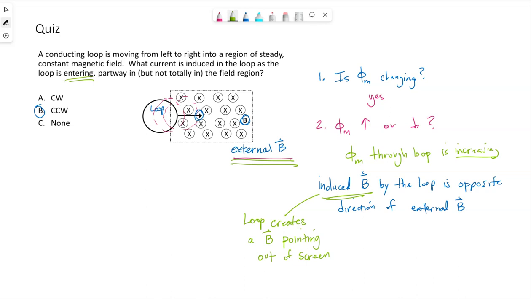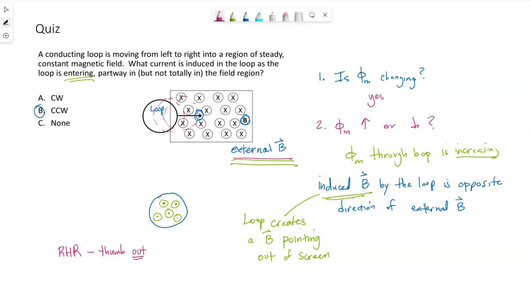Okay, so our loop, I'm just going to draw a loop down here. We need the magnetic field in here to point out of the loop. Since this loop, the current can only flow clockwise or counterclockwise around this loop. The right-hand rule: we point our thumb in the direction of the induced magnetic field.